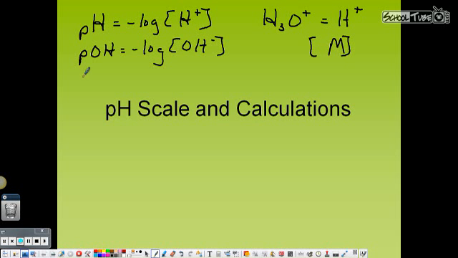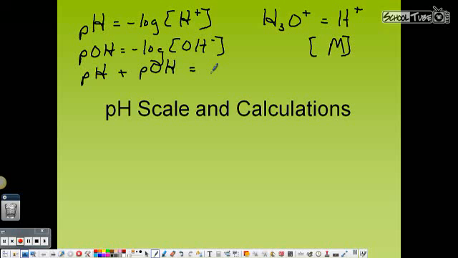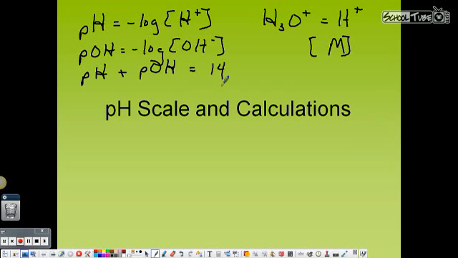All right, you also have a formula that says pH plus pOH is equal to 14. And I'll explain a little bit more about these in a minute. The last one is that the H ion concentration times, there's nothing in between, that means times, OH concentration equals 10 to the minus 14.